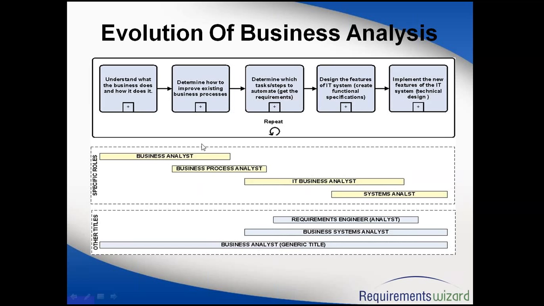Now the BA role, when we talk about the business analyst or the business process analyst, he or she is mainly focused on this aspect, doing the requirements: eliciting, analyzing, documenting, validating the requirements, but mainly at the business level. They will be coming up with the current state and the future state of the processes.